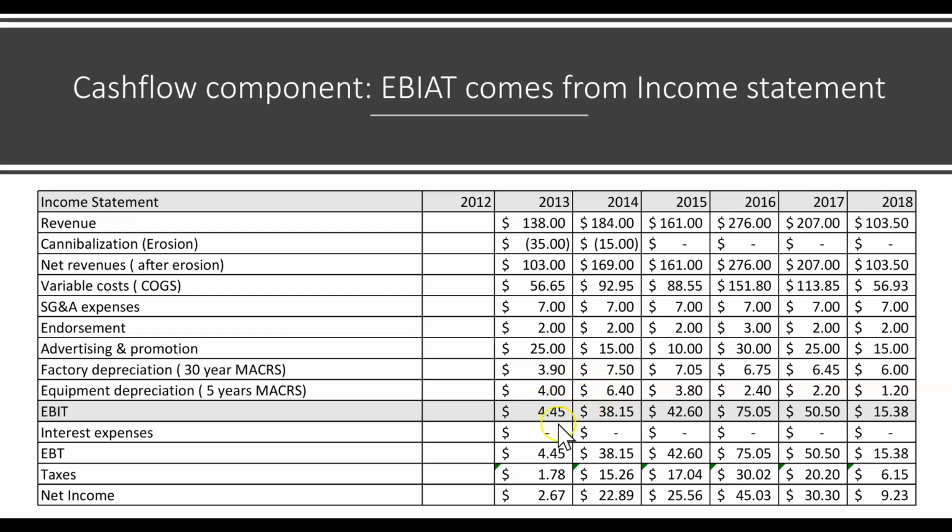From there, we get the EBIT. They don't have any interest expense, so that's earnings before taxes, taxes, net income. From here, we have enough information to get the NOPAT, which is EBIT after taxes. How do we do that? We take the EBIT and multiply that by 1 minus tax rate.